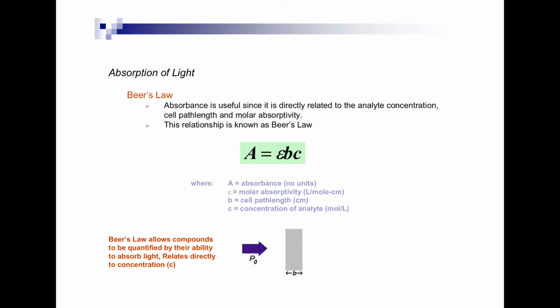If we make the concentration higher, the absorbance is going to go up. If we make the sample thicker, the absorption is going to go up. And if we somehow change the molar absorptivity, like if we compare one compound to another and one has a higher molar absorptivity than the other, the absorbance of that compound is going to be higher.